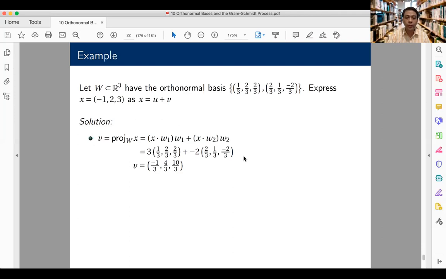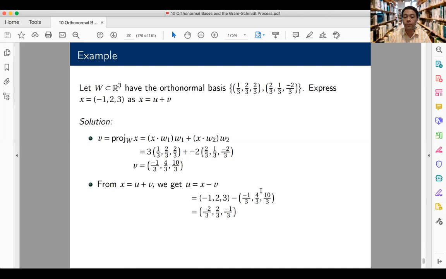You can then compute for the vector u. How? From x equals u plus v, we get u is equal to x minus v. So you just subtract v on both sides. And x is (-1, 2, 3), and we already computed for v there. When you get the difference, this is what we have, and this is u.